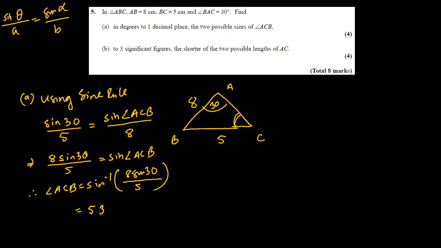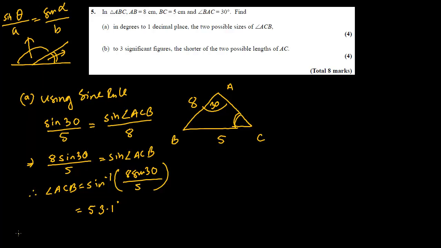53.1 degrees. But the question is, find the two possible values of angle ACB. Remember, whenever you have an angle, there are always two possible values. One is the acute angle, less than 90 degrees. The other is the obtuse angle. Since they are on a straight line, you can just find the other angle.